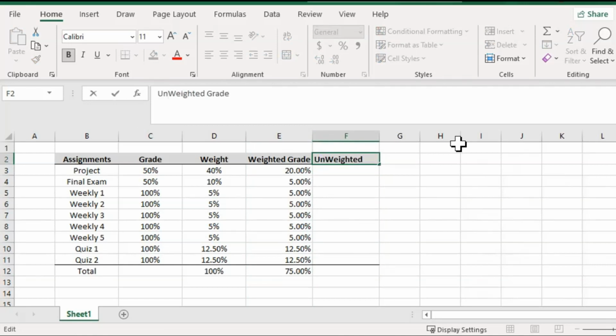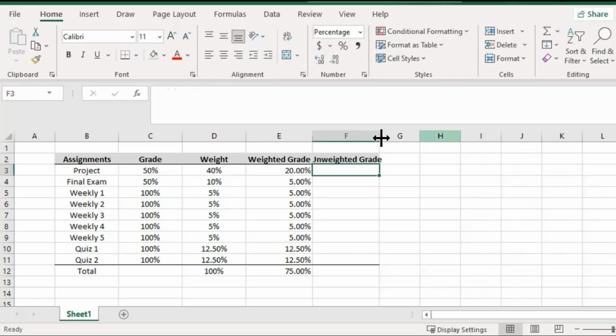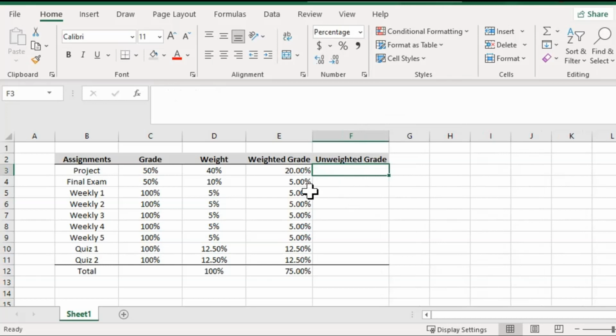We'll have an unweighted grade in column F. If this is our weighted grade, our unweighted grade would really be just the average of the grades, assuming that the project, the final exam, all of the weeklies, and the quiz were all equivalent in their weight.